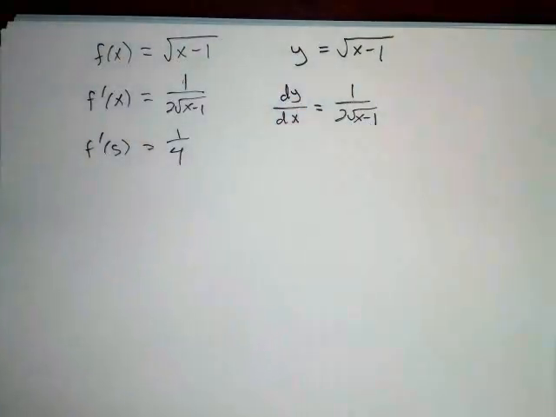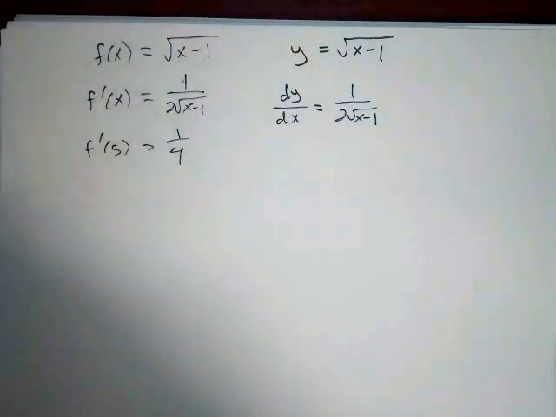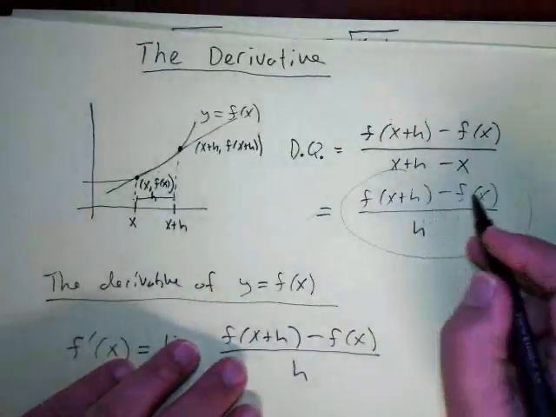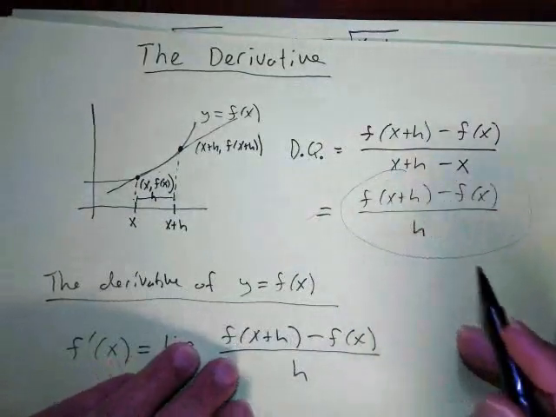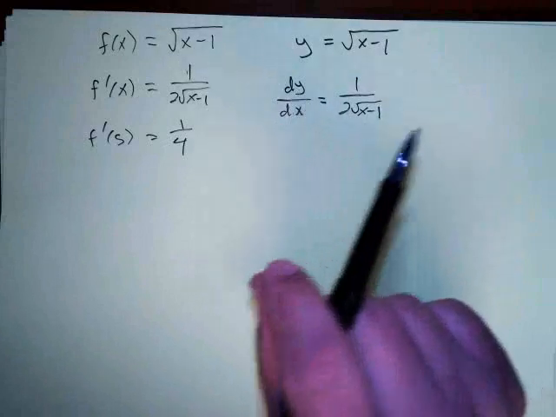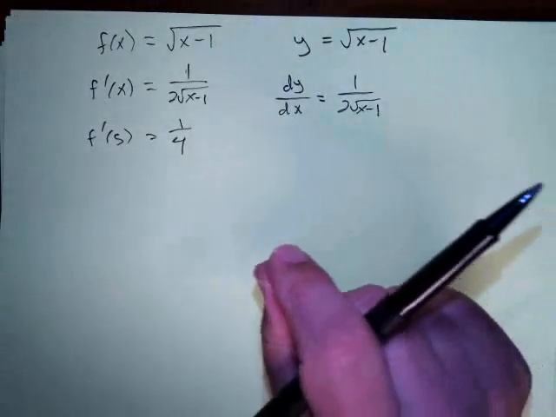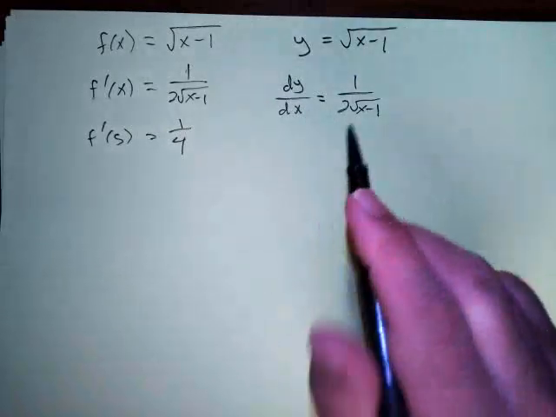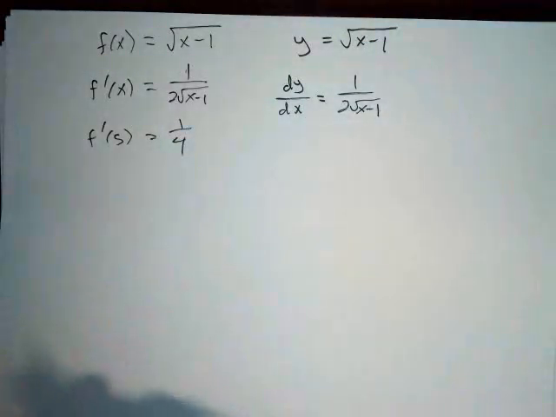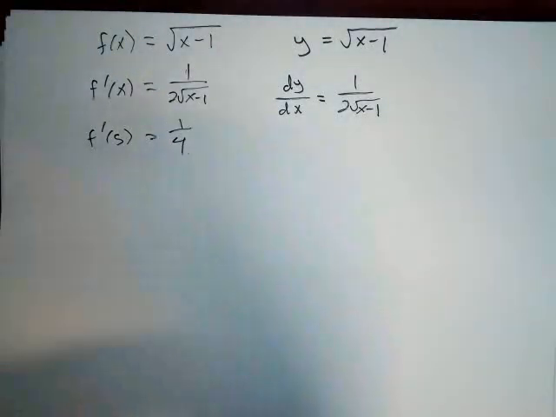Kind of like when we take the slope of a line here, right? We say it's the difference in y values over the difference in x values. Well, the derivative is like the differential of the y, the infinitely small difference in the y at that point, and the infinitely small difference in the x at that point, and you get the derivative. Now, of course, that's how they originally thought of it.